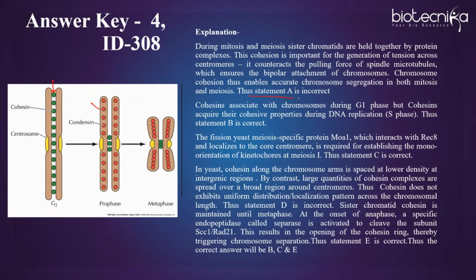So that is why statement A is incorrect. Cohesion is important for generation of tension across centromeres. It counteracts the pulling force of spindle microtubules, which ensures the bipolar attachment of chromosomes. So statement A is incorrect.